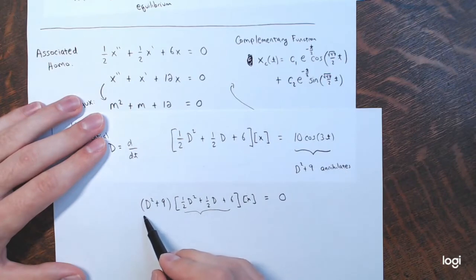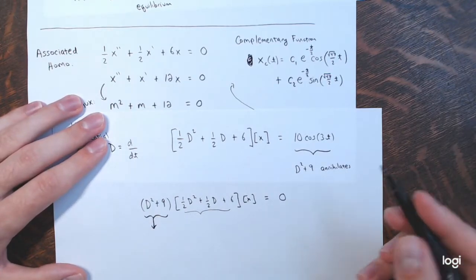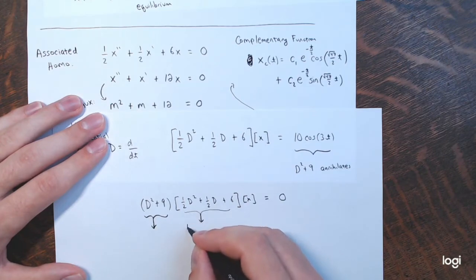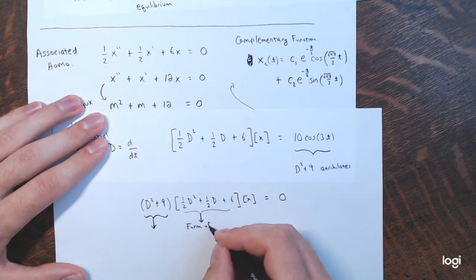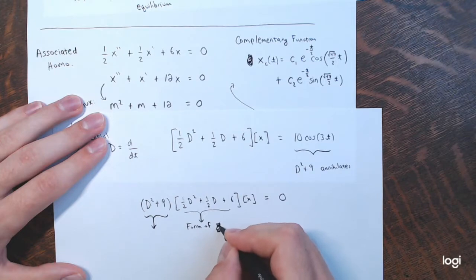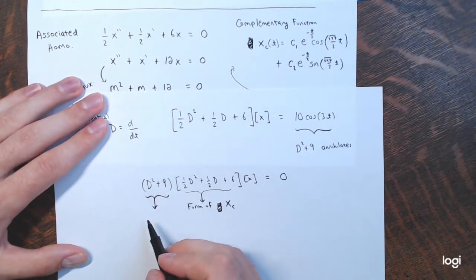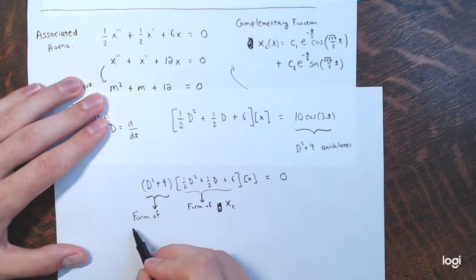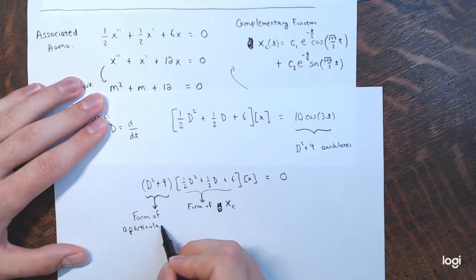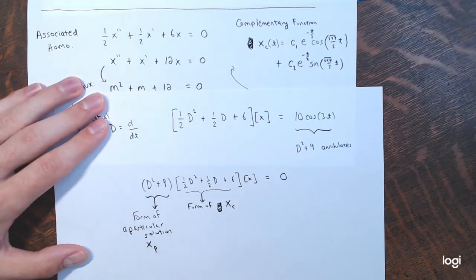So it's from this annihilator that comes the form. We get the form of the complementary solution, x sub c. And then from the annihilator, d squared plus 9, we get the form of a particular solution to our equation, called x sub p. All right.